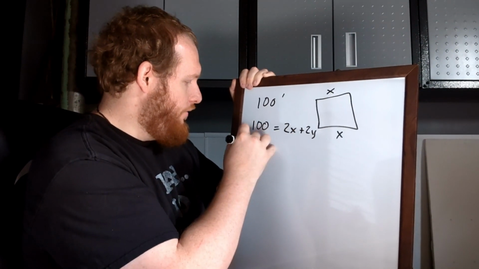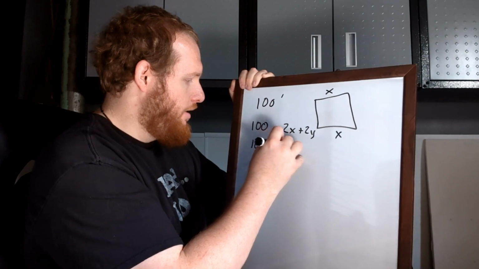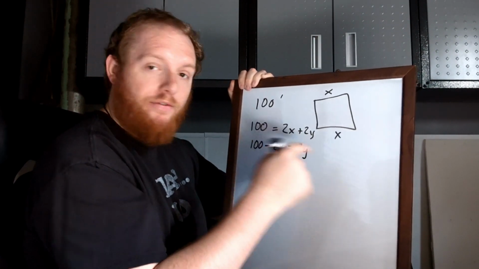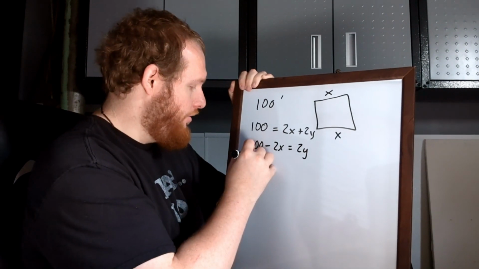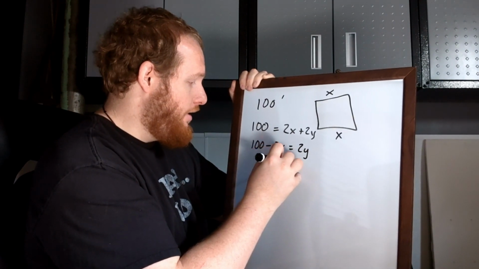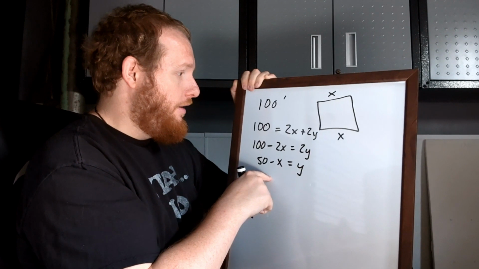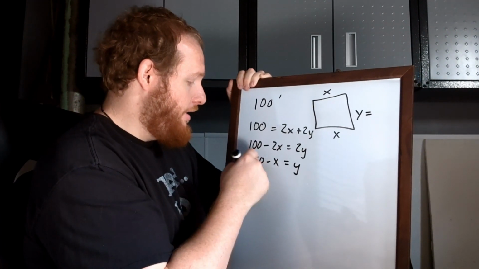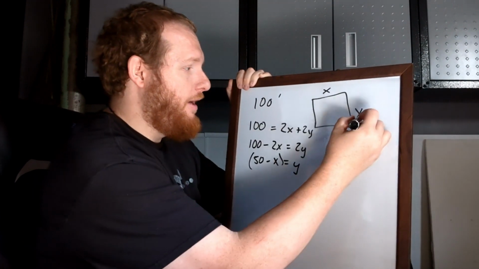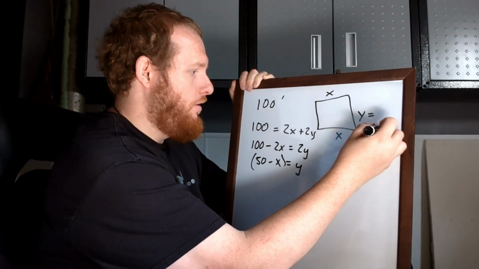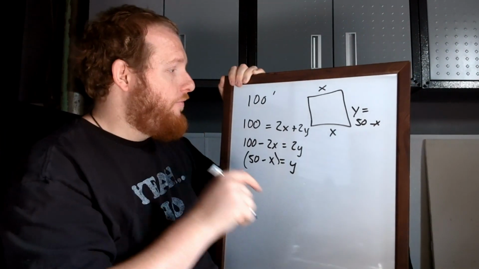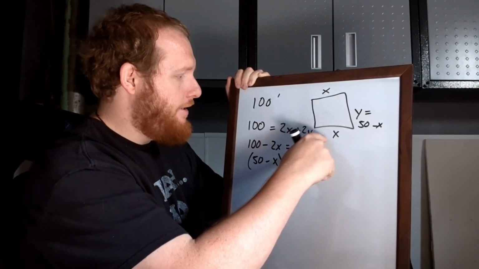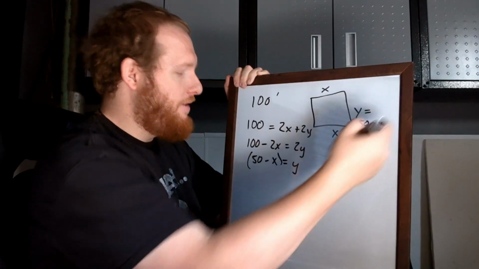So let's move that 2X to the other side by adding a negative 2X to both sides. Now we'll divide both sides by 2, and we can see that this side Y is actually just this quantity 50 minus X. We know that the area enclosed by a rectangle is the width times the length.